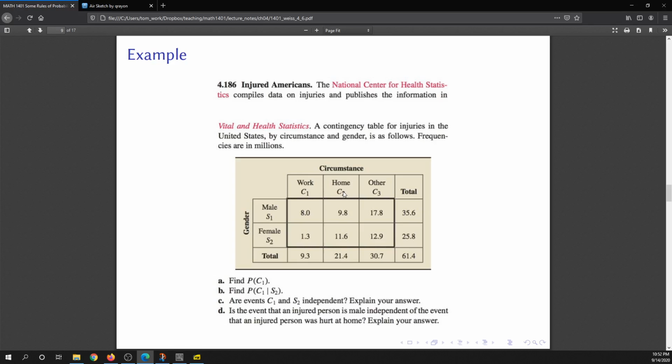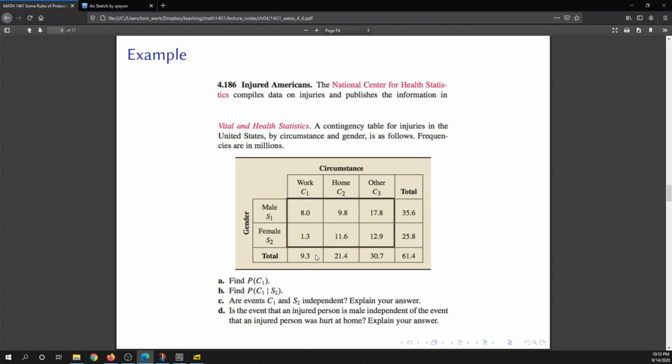Across the top, we have circumstance, so that's where the injury occurred, at work, home, or some other place. And here is the gender of the person that the injury happened to, so male or female.